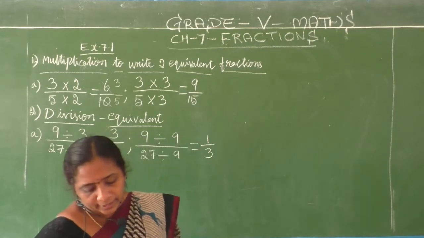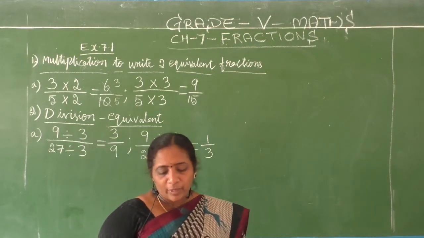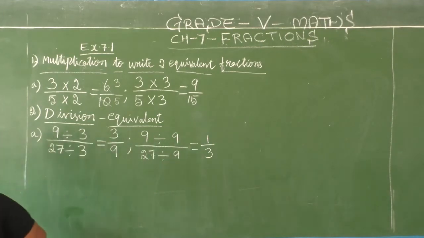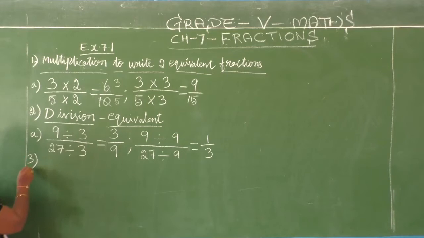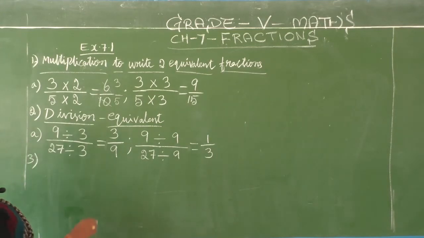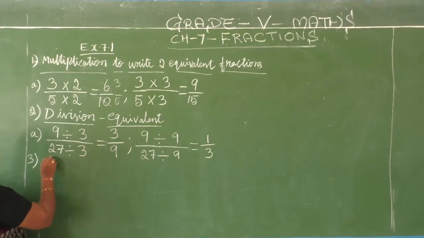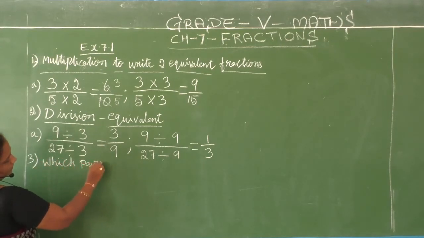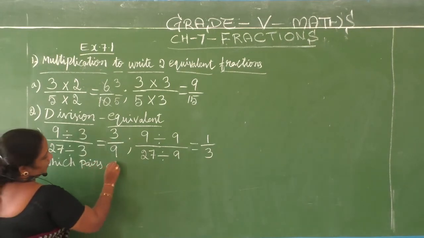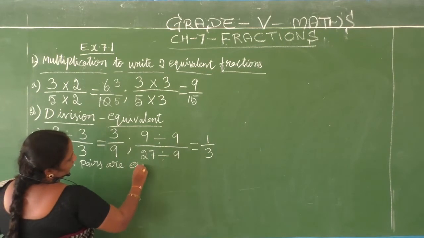Okay. Then the third Roman numeral: which of the following pairs of fractions are equivalent? I am writing shortly: which pairs are equivalent?